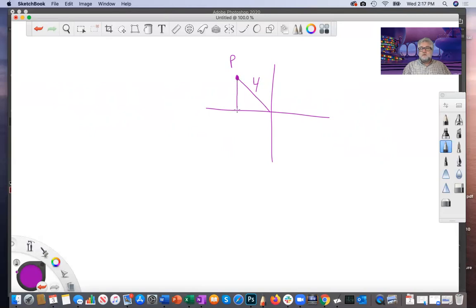Well, let's see. I don't know what theta is, but I know it's in the second quadrant, here is point P. So that means X is going to be negative here. So here's my Y and here's my X. I'm going to use sine theta, opposite over hypotenuse. No, we're missing something. We can't do that.